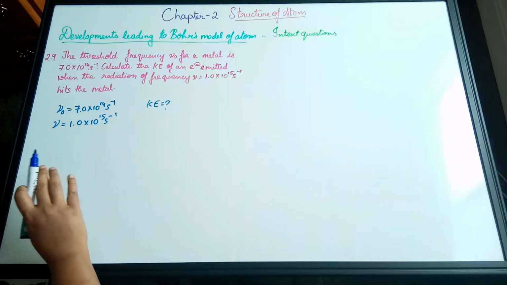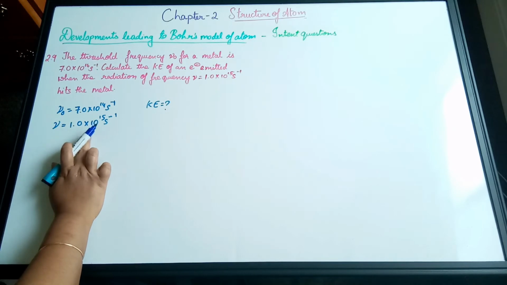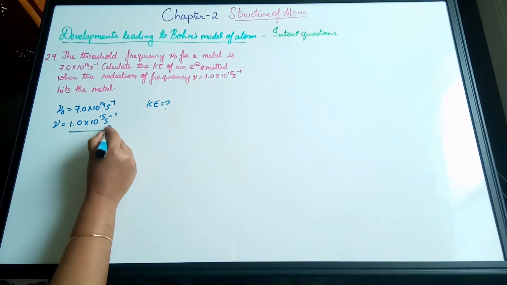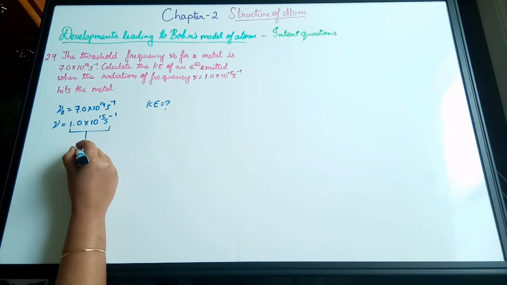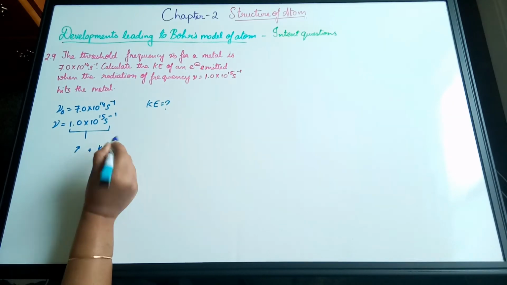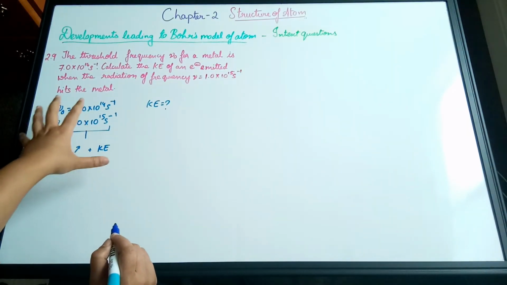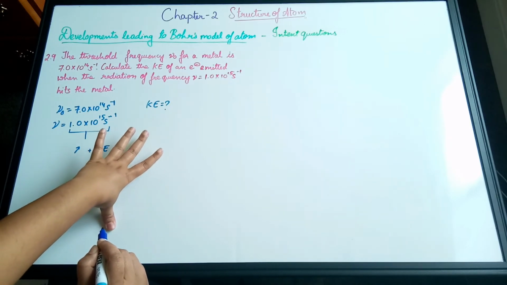And this in turn basically means that when this is taken into consideration, this is used up for two things. One is the minimum energy required for the electrons to come out. The second will be for the kinetic energy. So we need to calculate the kinetic energy of the electrons.